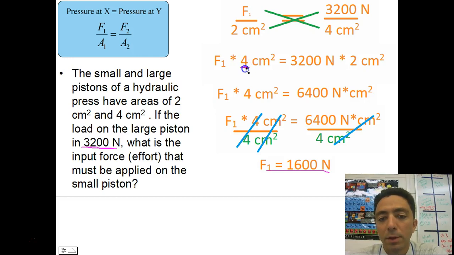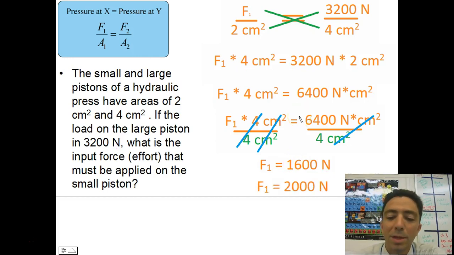We only have one sig fig. 3,200 has 2 sig figs, but it's as many as the least, so we need to round this to 1 sig fig. So I would look at the 1 as my sig fig I'm keeping. The 6 tells me to round it up, and so my final answer is 2,000 newtons.